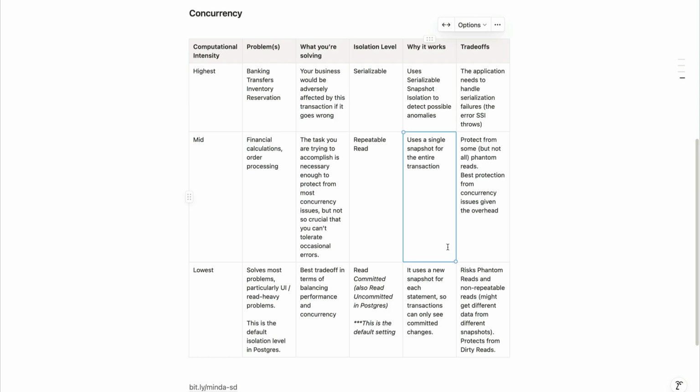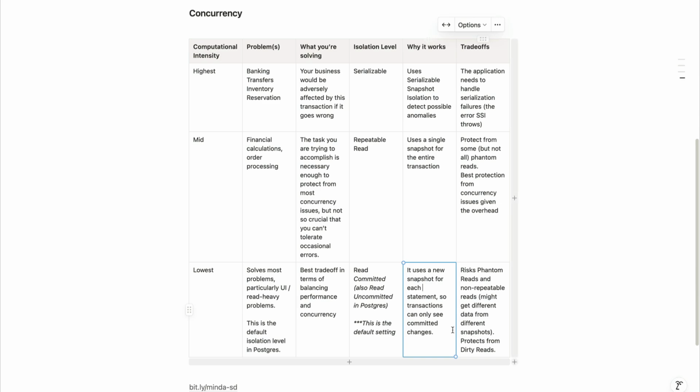These snapshots are like snapshots of the database state. With the read committed, each time it's doing something, it's looking at a snapshot of the database as soon as it starts its query. So what could happen is that as it goes through the query, some other transaction changes some of the data in the database.